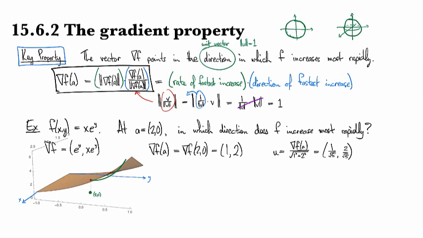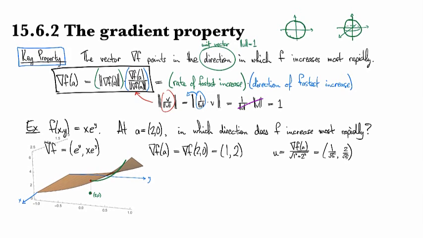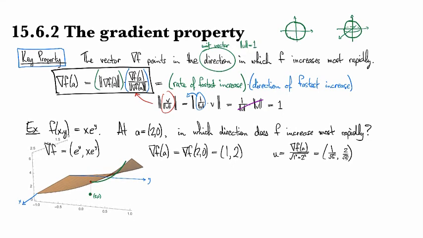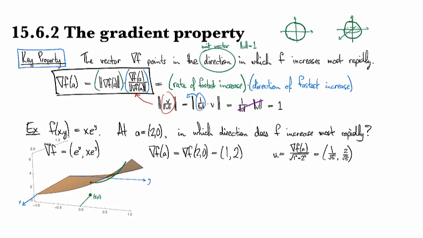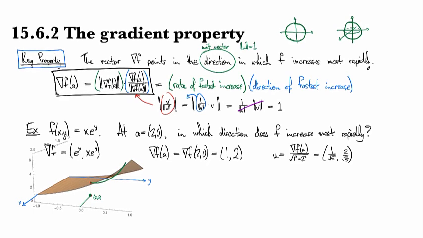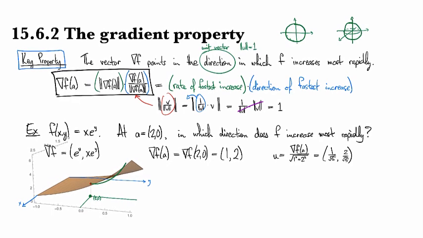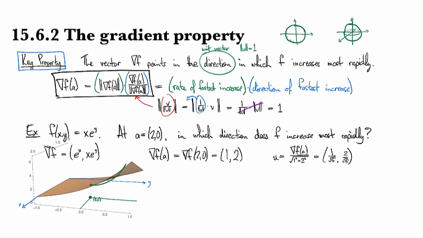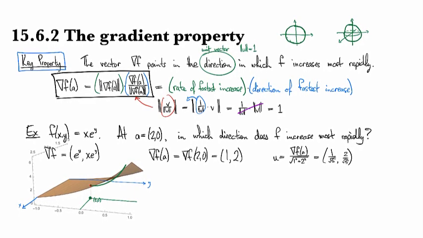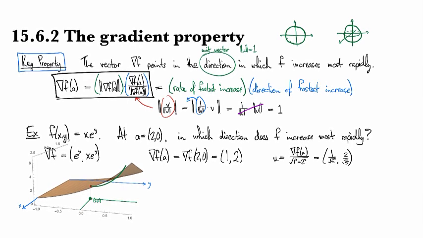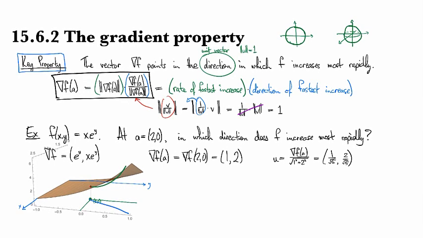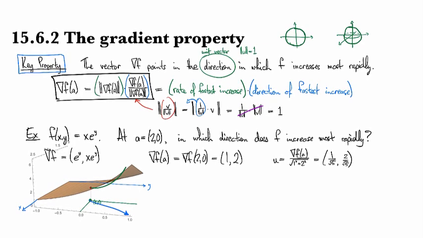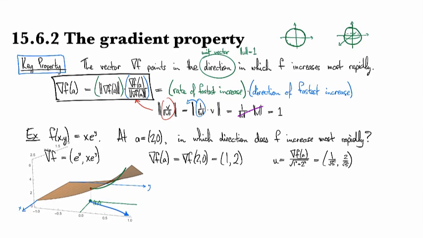We probably want to go in that direction, right? And sure enough, the formula that we found is the vector (1, 2), normalized by root 5. If we divide that by root 5 to get a vector of length 1, we'd get something like that. So it's saying go that way, and you'll increase the value of f as rapidly as possible.